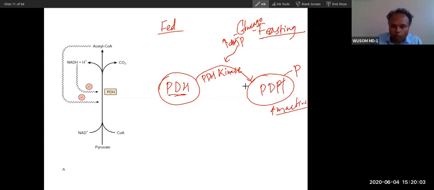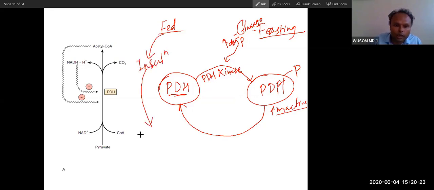And then suddenly we get food. Imagine after 24 hours, I get food. So what will happen? Insulin will become high in blood. This insulin will cause low cAMP inside the cell, and this low cAMP will cause what?